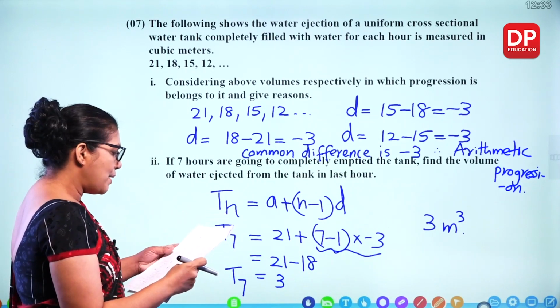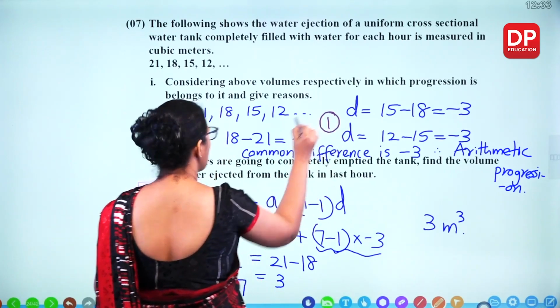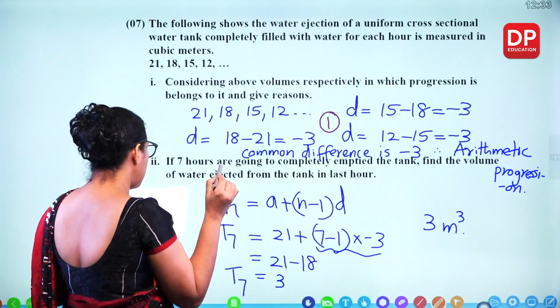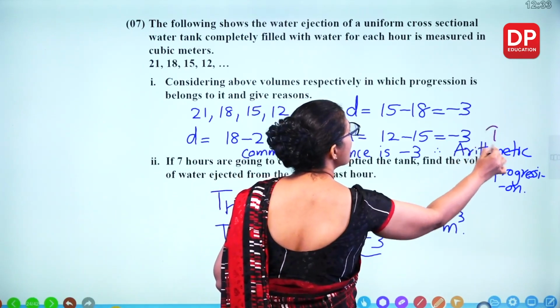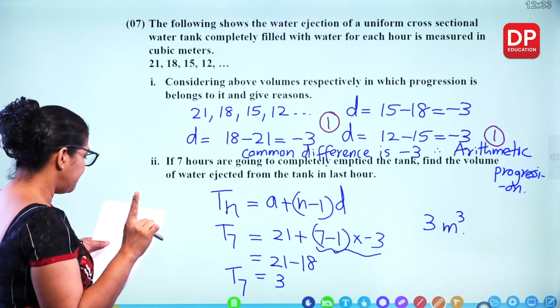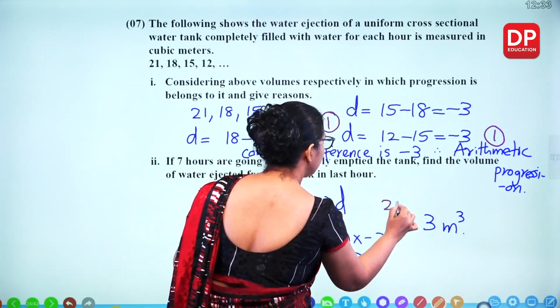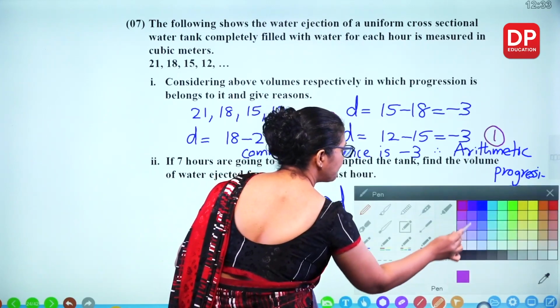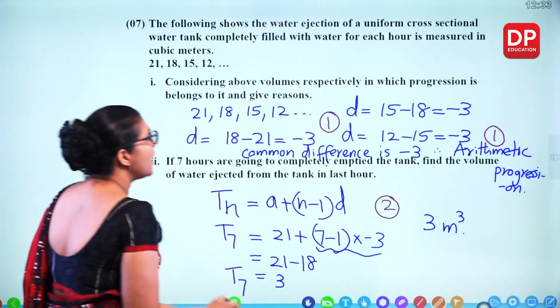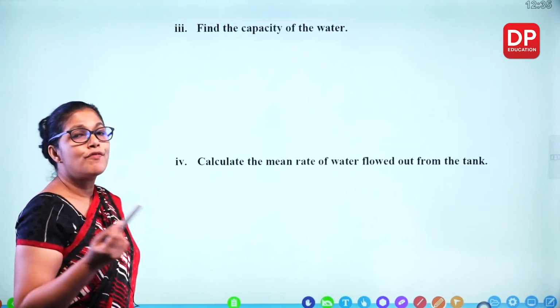So we'll see how many marks. Finding d, the common difference, 1 mark, and writing down arithmetic progression, 1 mark there. And finding T7, 3 cubic meters, that's 2 marks for this step. Now we'll look at the next part. Find the capacity of the tank.